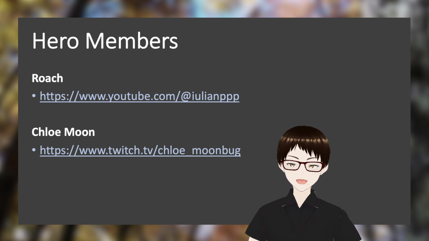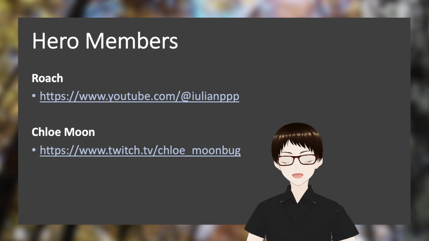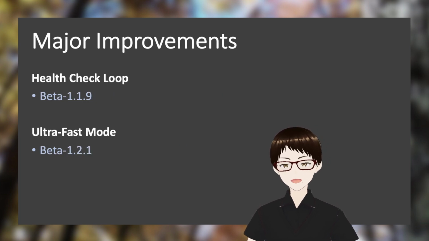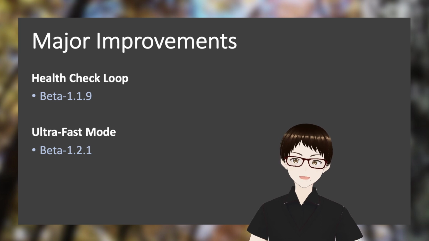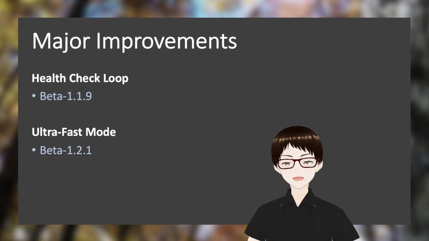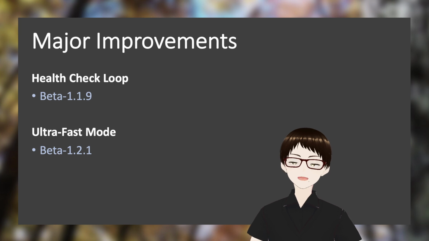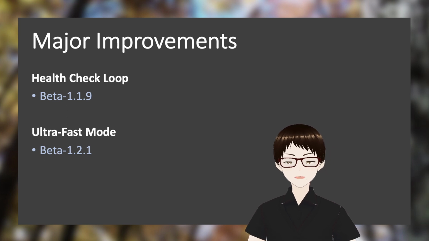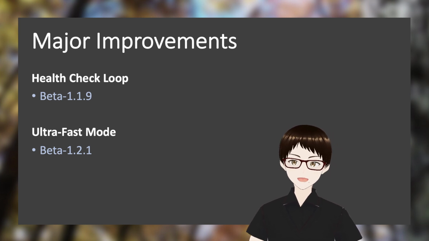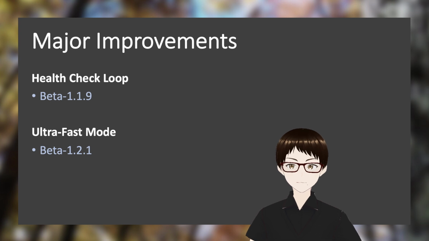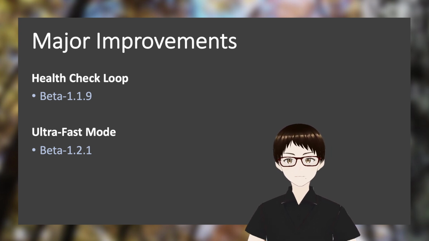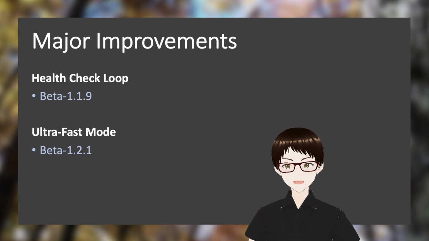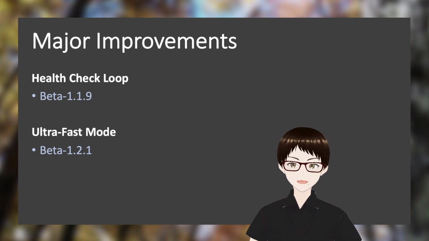Other than thanking our hero members, here we are going to talk about the major development items that we have done this month. The first one is the health check loop, and the second one is the ultra fast mode. The first one improves the resilience of this application so that it will not stop.